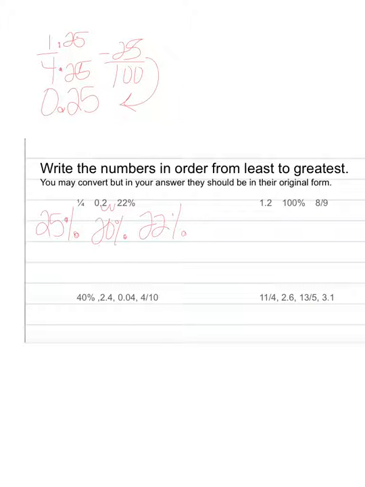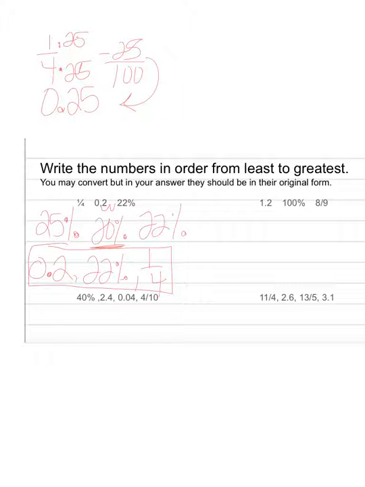So I know that 20% is the least, so I'm going to rewrite it in my original form, and then 22%, and then 1/4. So my answer in the end is going to be back to the original form in order from least to greatest.